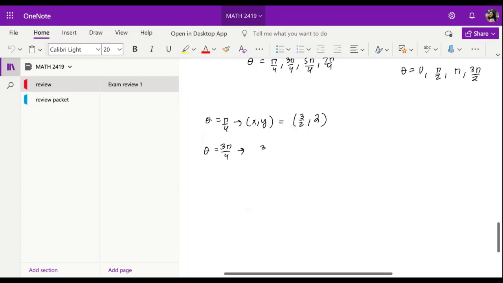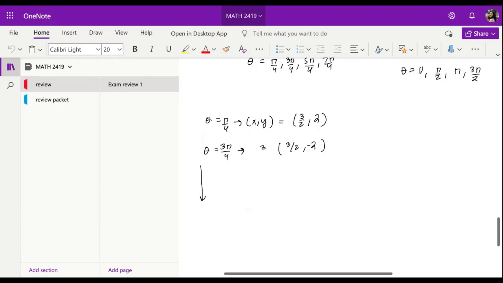So if we plug in 3π/4, we will get 3/2, negative 2. And similarly, we can do that for all of the other θ values to find the horizontal tangents.